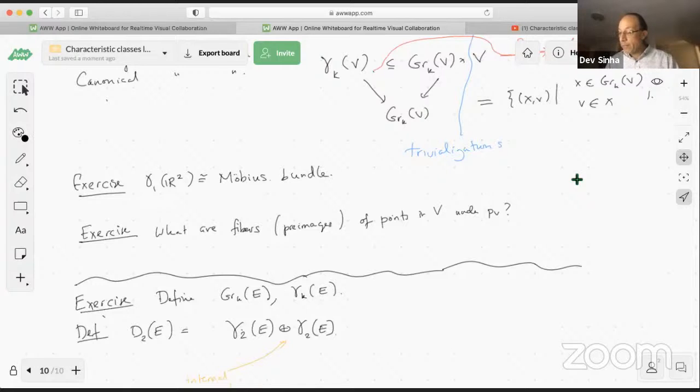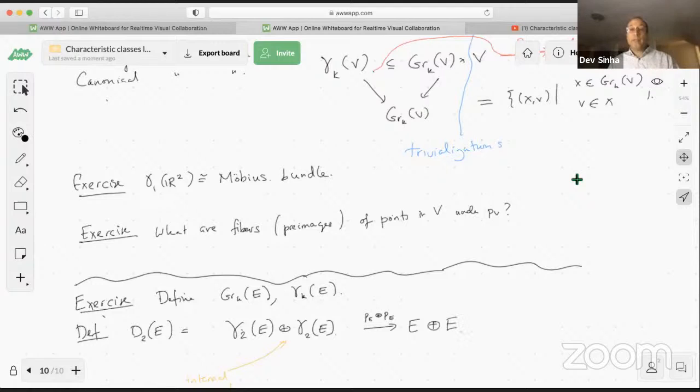So now I've got, this is really the bundle whose points are a 2-dimensional subspace of E and 2 points on that. And what I can do is use this P_E map to get the 2 points in E back.